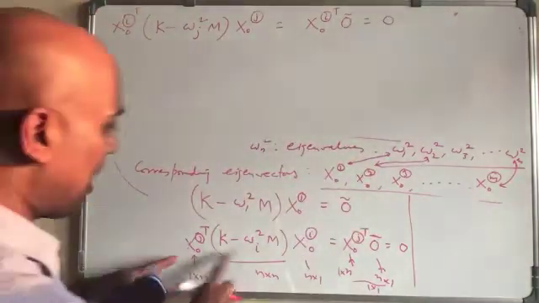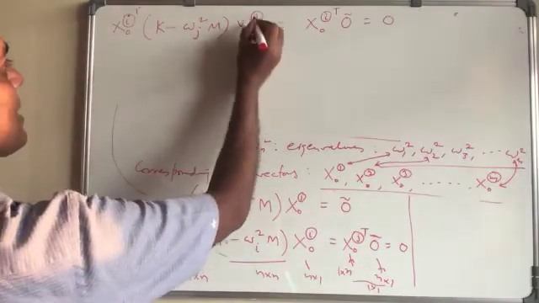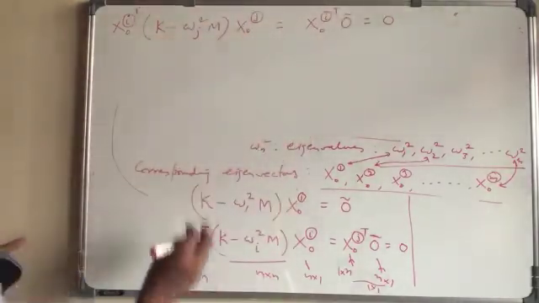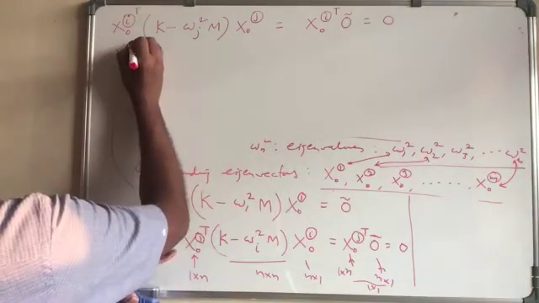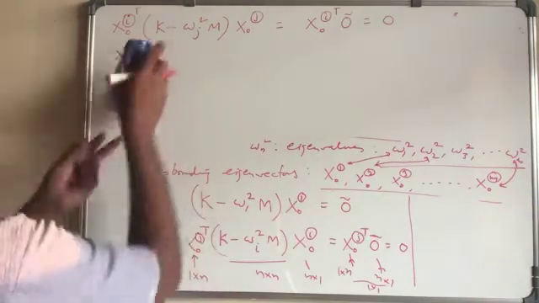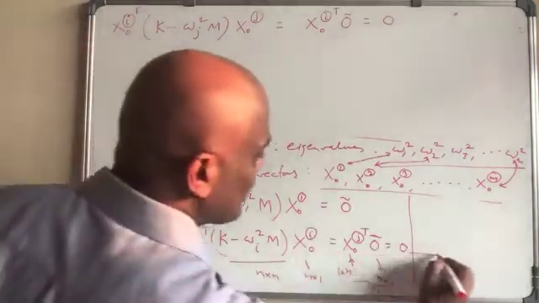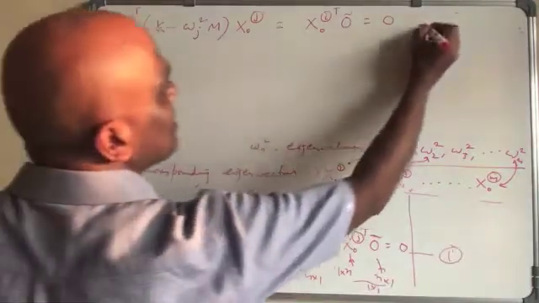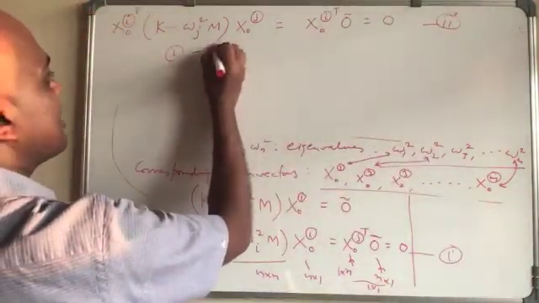So we have two of them here. Let us call this one equation 1, this equation 2, and then from 1 minus 2, let us see what we get.